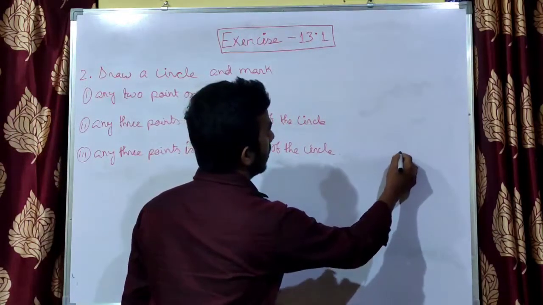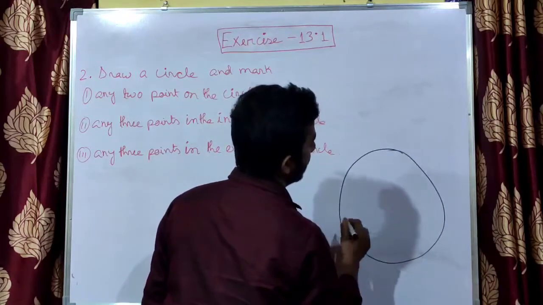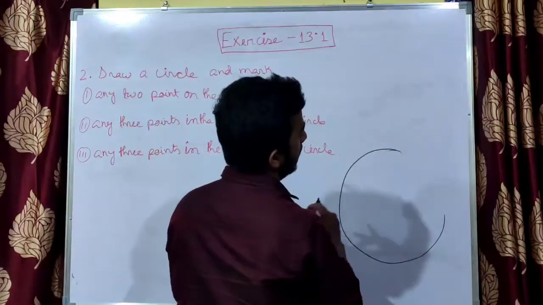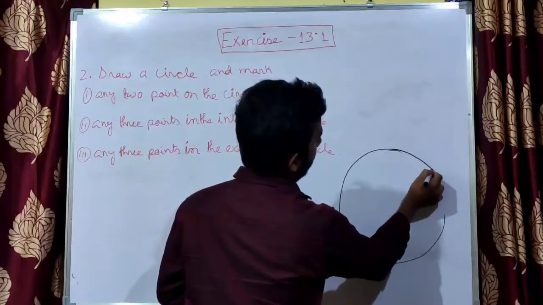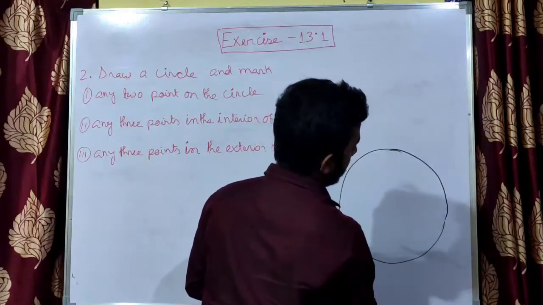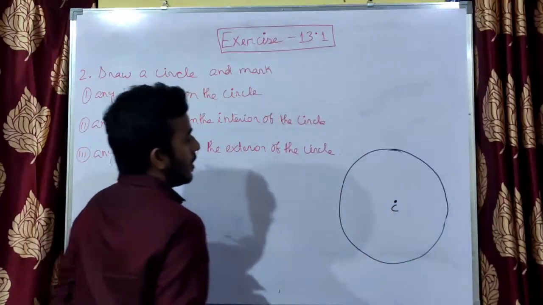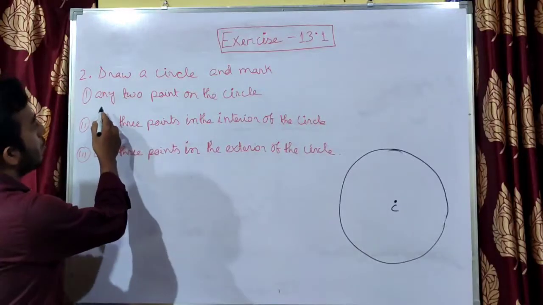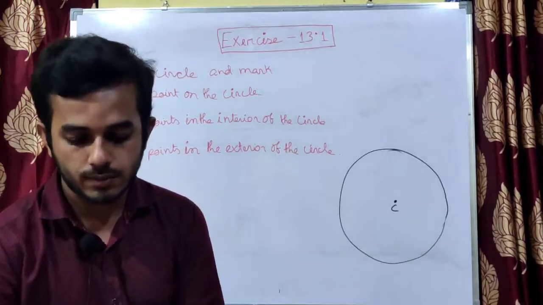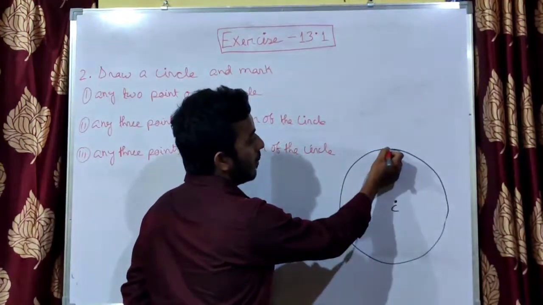So first of all let us draw a circle. We have drawn a circle there, right? This is the center. First we have to mark any 2 points on the circle, on the boundary of the circle.